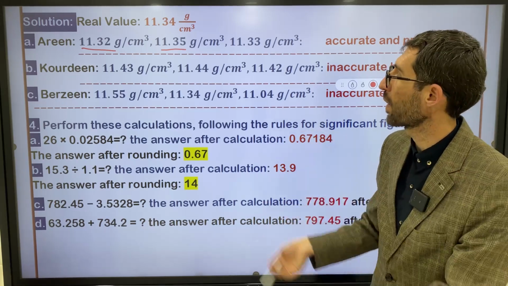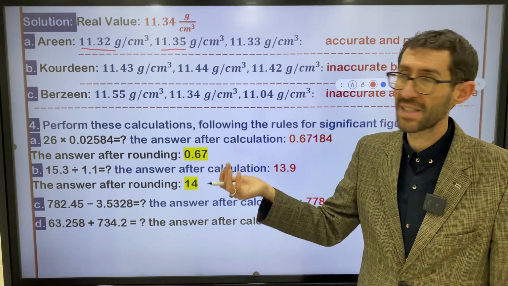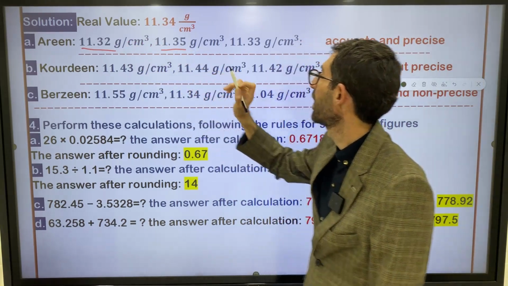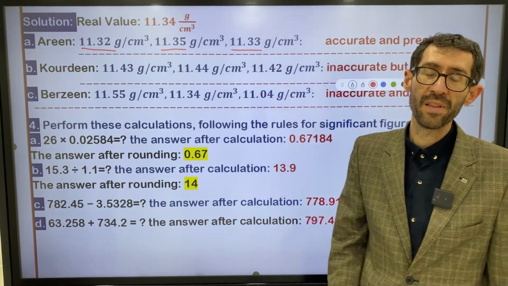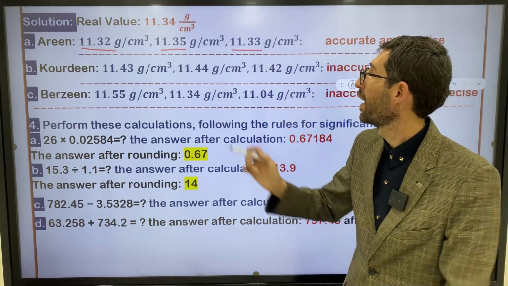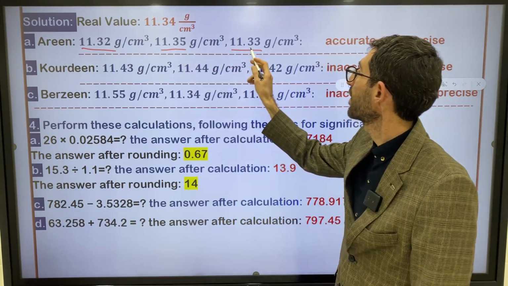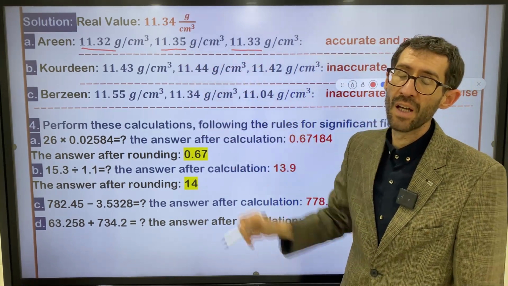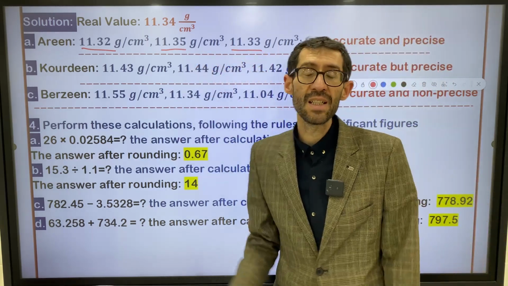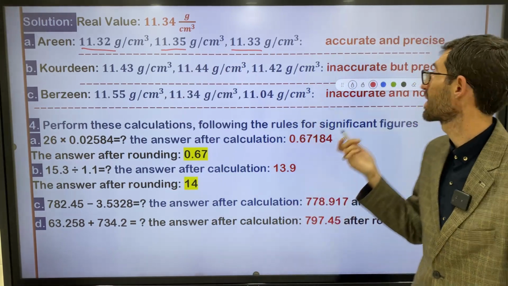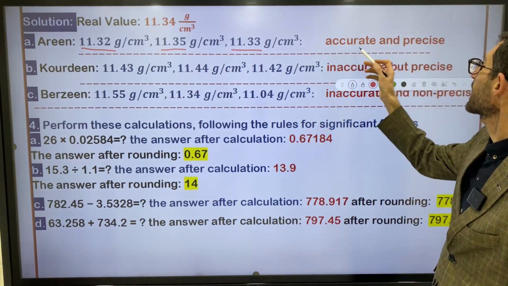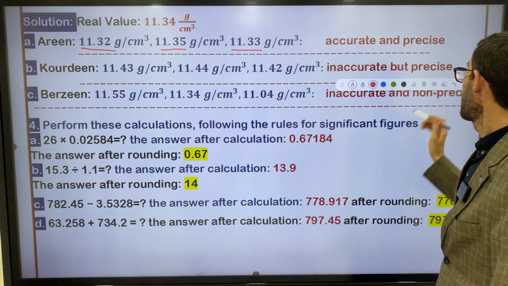They are very close to one another. 11.32 versus 11.33. They are very close to one another. 11.35 versus 11.33. So all of the readings are near to one another. That's why they are precise. So the reading is accurate and precise.